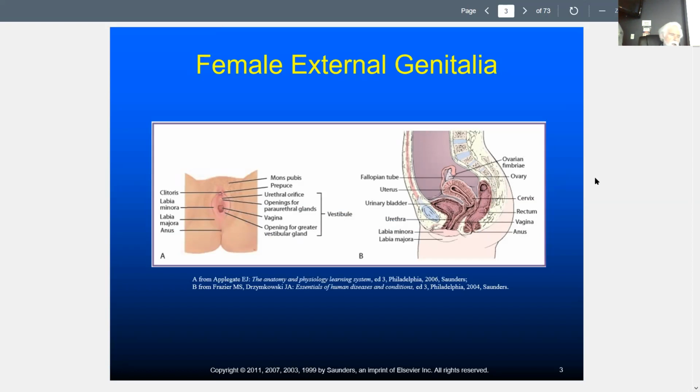But you've studied this in your A&P classes. So quickly, the central part of the reproductive system, of course, is the uterus and the ovary and fallopian tube, connected into the vaginal area by a passageway that leads to the external genitalia.